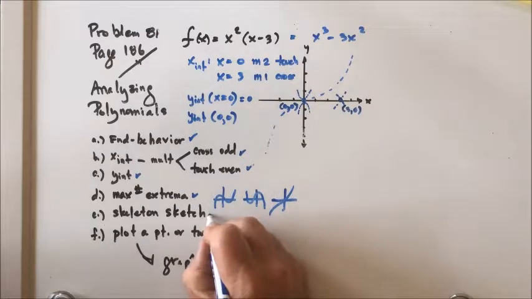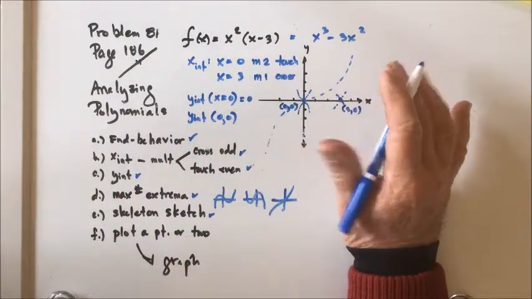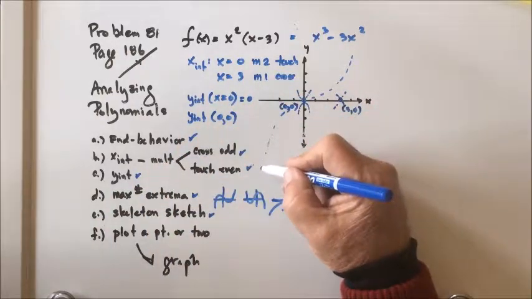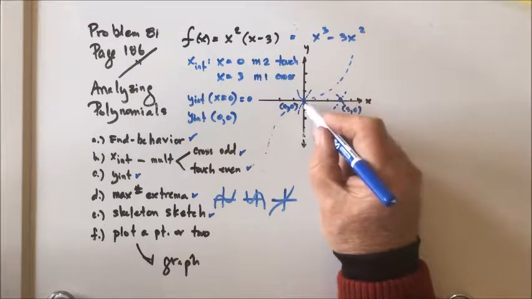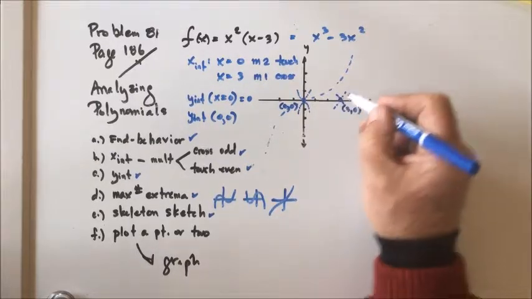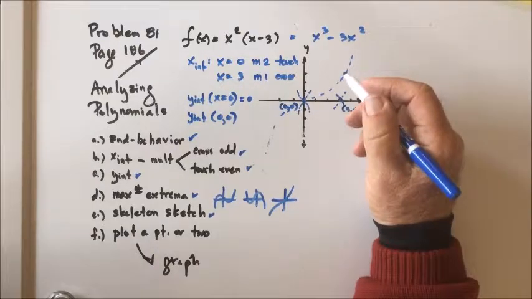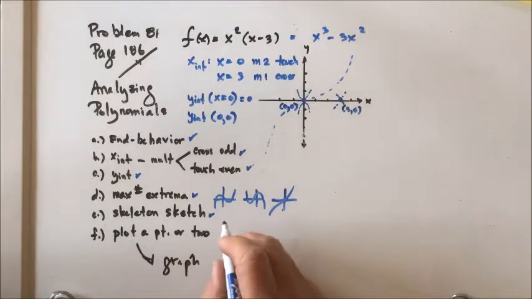And by virtue of that, we've also done this skeleton sketch. We know now that the function has to end up down here. It has to go through this point and just touch. It has to then drop into a negative area and reach up through this point. And so I'm kind of ready to draw it. If I want to get a little bit more accurate, let me try a point or two.